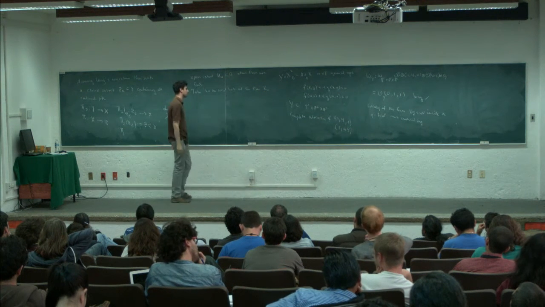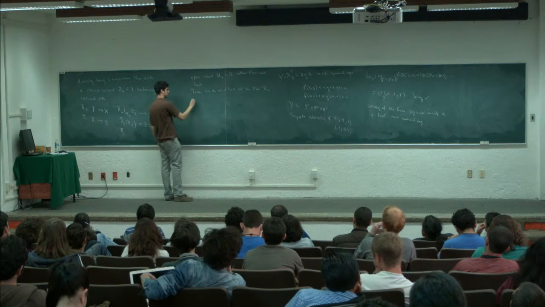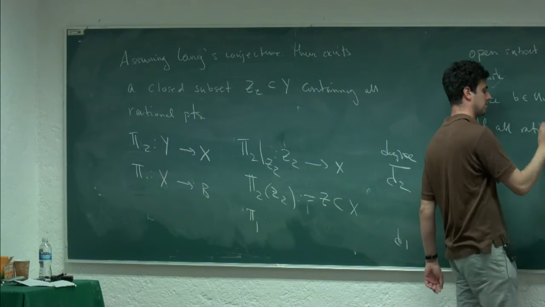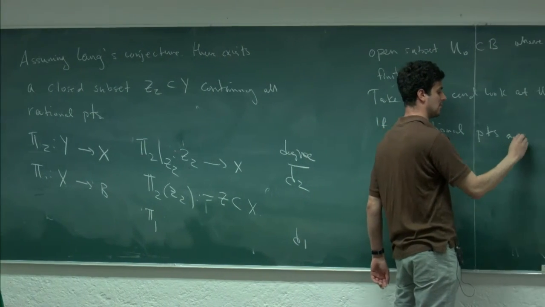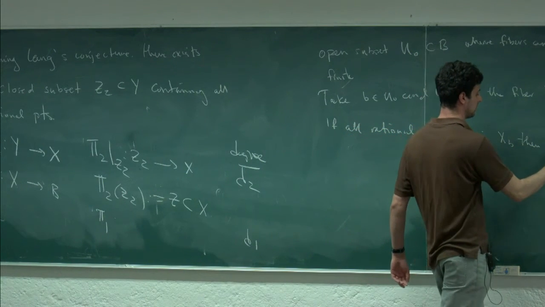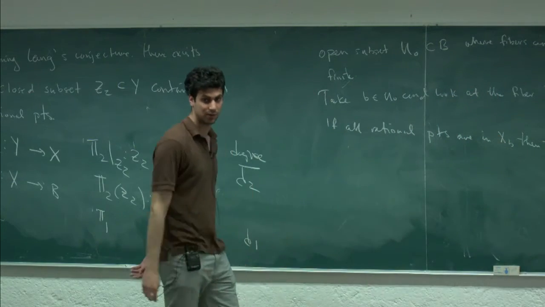Okay. And ask if all of the rational points are inside this fiber. So if all rational points are in X_b, then there are at most d1, right? Because that's the degree of the map.